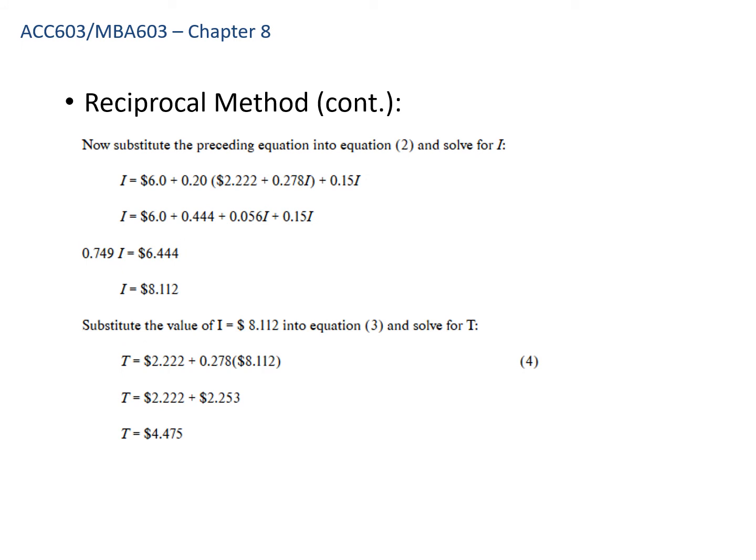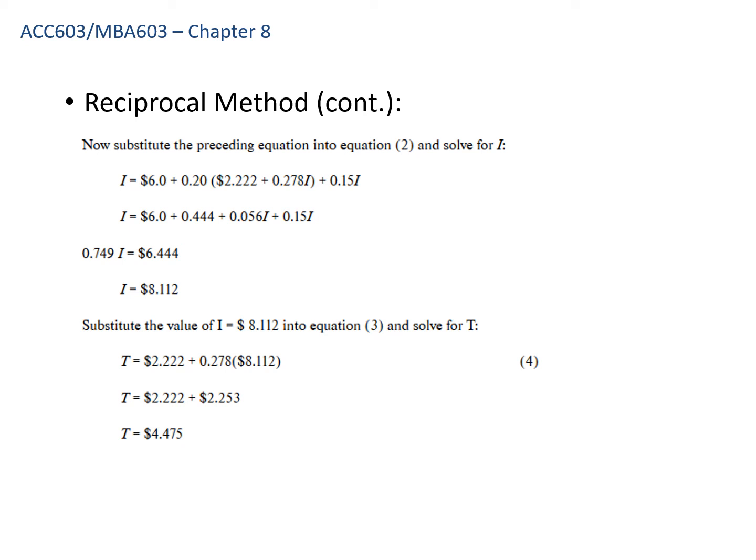Then I can do the same thing with I. I can take I, and in place of the T, I can insert what I just determined T to be equal to, which is 2.222 plus 0.278 I. So now I have an equation that has all I's in it and no T's. So I can solve that now, get all of the I's on one side, all of the numbers on the other side, and I can determine I equals 8,000,000.112.